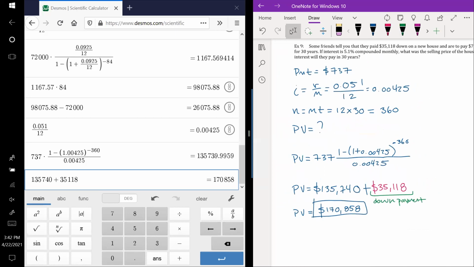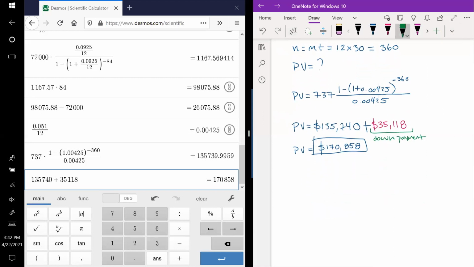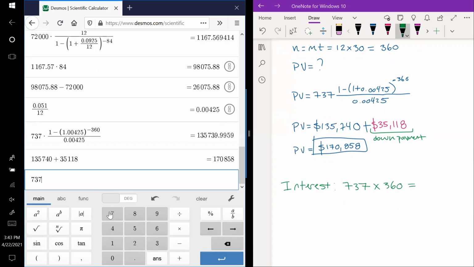And then the last piece says, how much interest will they pay in 30 years? Okay. Well, let's go ahead and figure that out. Interest. We're making $737 payments for 360 months. So 737 times 360.